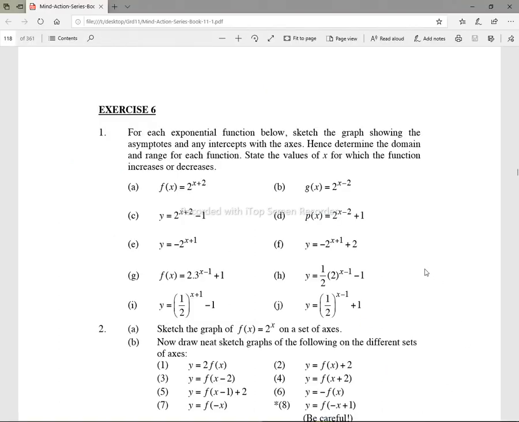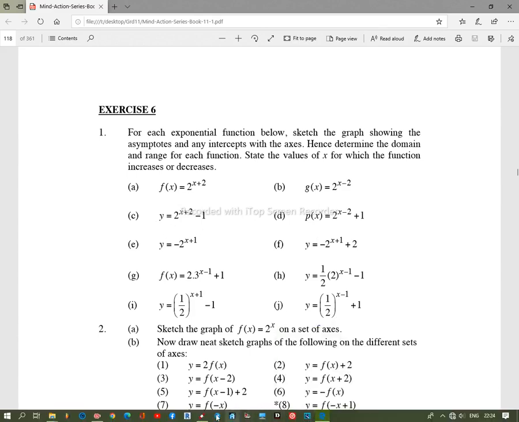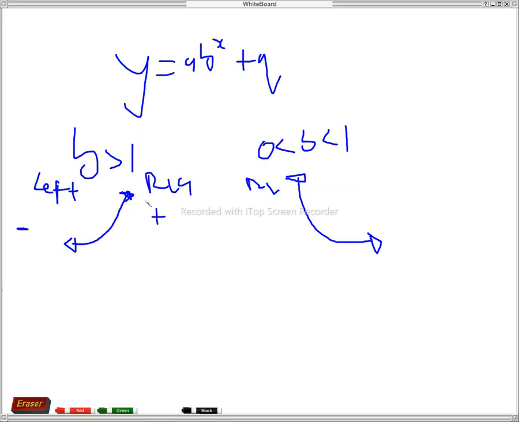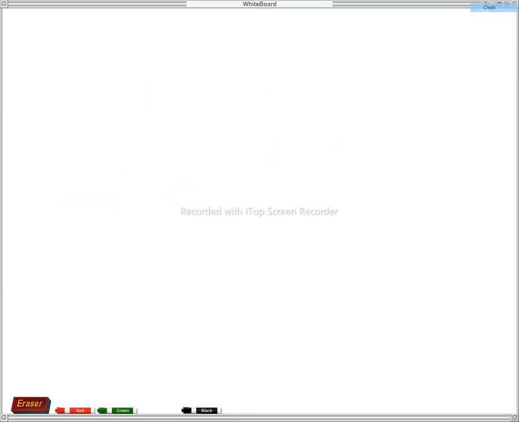Okay, so I want us to take maybe one of the sums here on exercise 6. Let me just do number C. It is y equals 2 to the power x plus 2, is it minus 1?